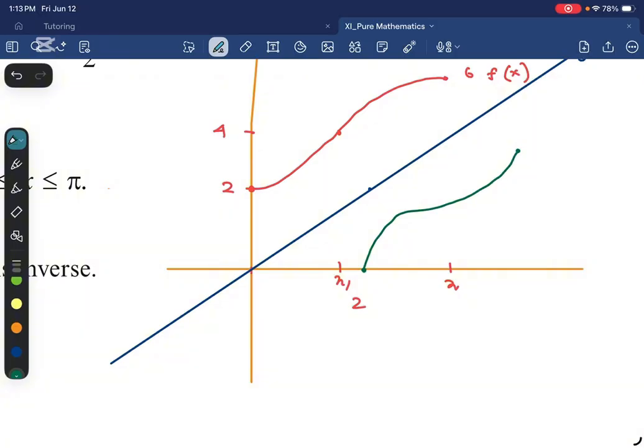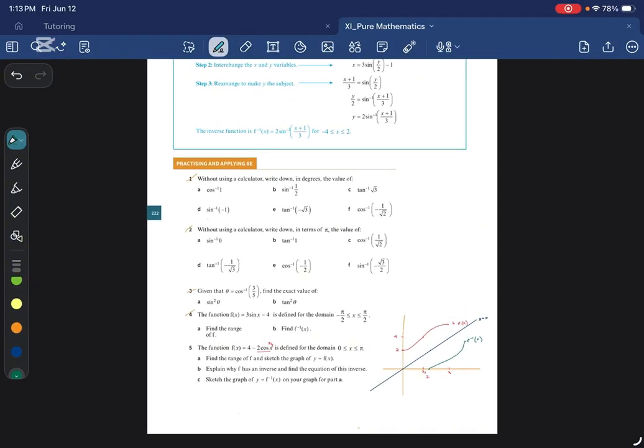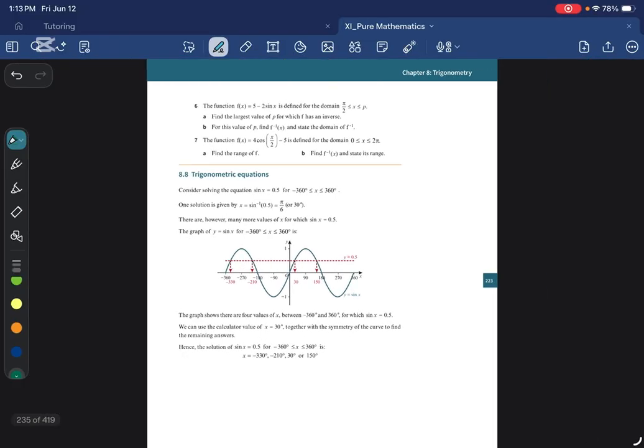That is a very poor drawing, but something like this. So this is going to be f inverse of x, and I encourage you to do it on graph paper so you have more accurate values to work with. So that is how your f inverse and f are going to look, but I encourage you to do it with more accurate grid paper.